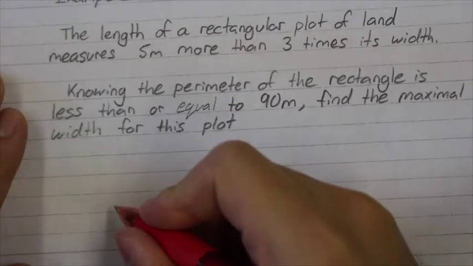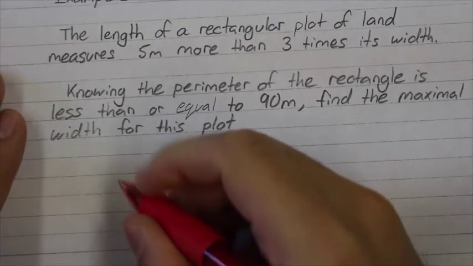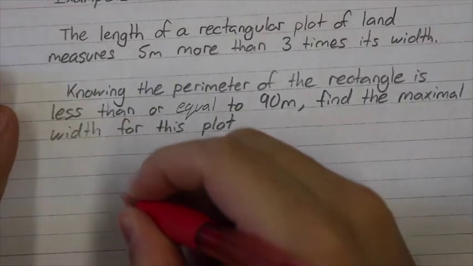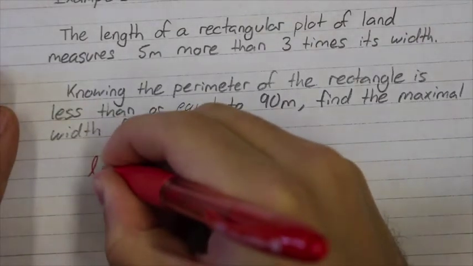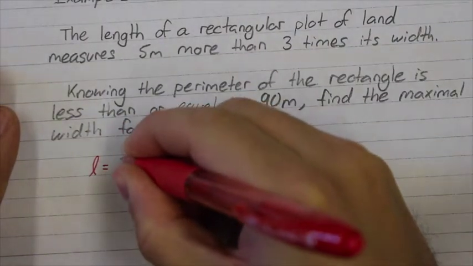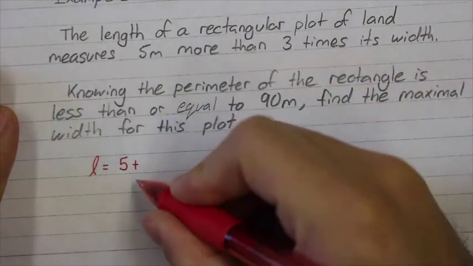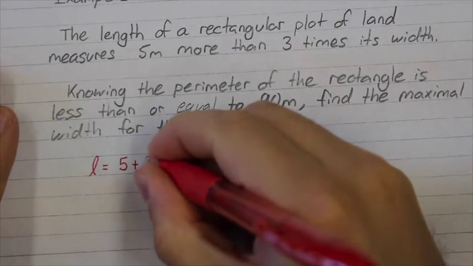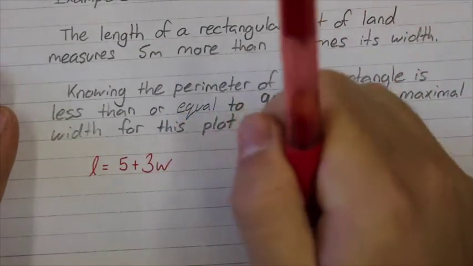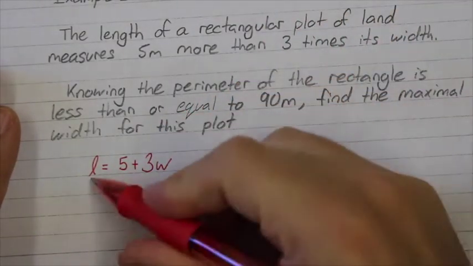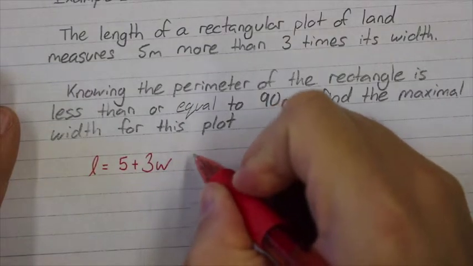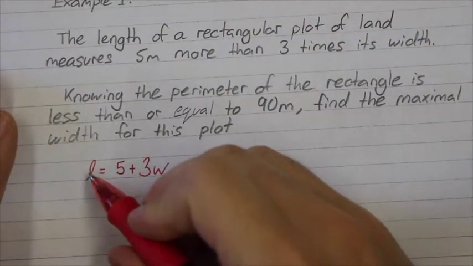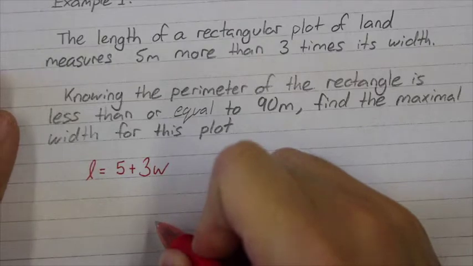The length is equal to 5 more than, which translates to an addition, 3 times its width. Just by doing that, I've identified my unknowns: length and width.